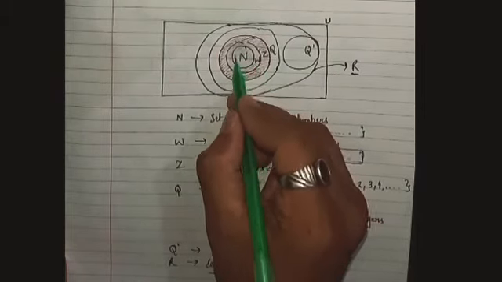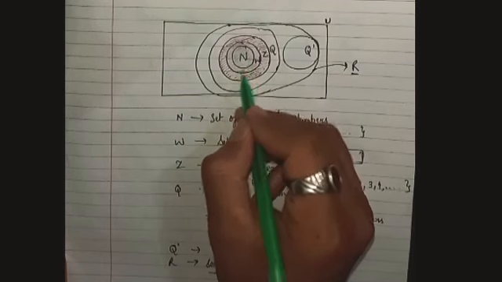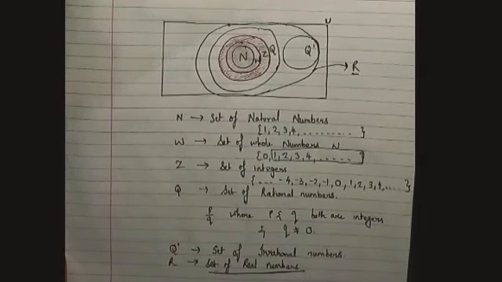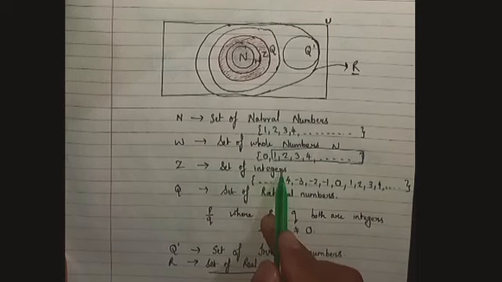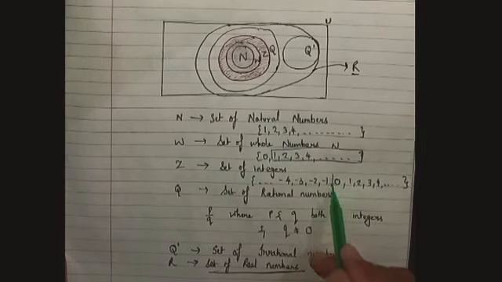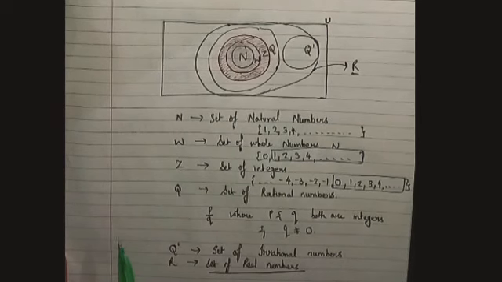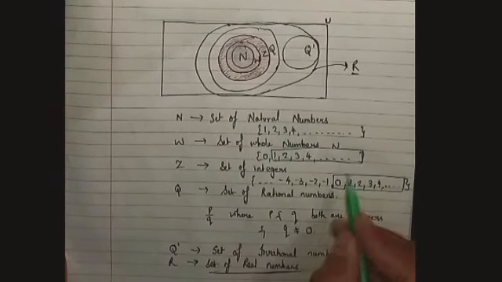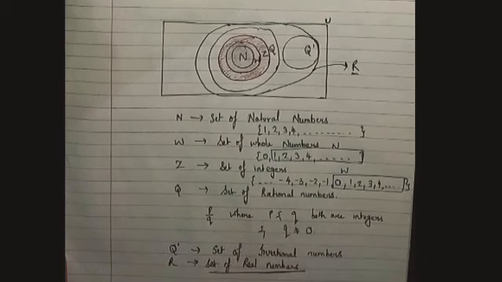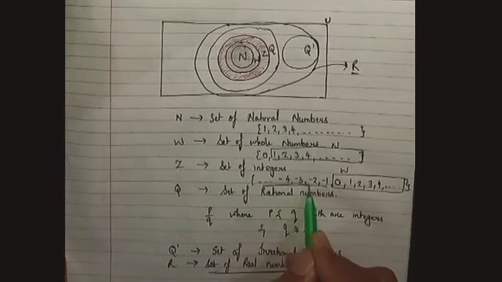So all natural numbers are contained within whole numbers. Now if I say Z, which is the set of integers, which contain all whole numbers, see 0 onwards all the numbers are there in the set of integers. That means all whole numbers are within the integers. So we are left with only negative numbers.